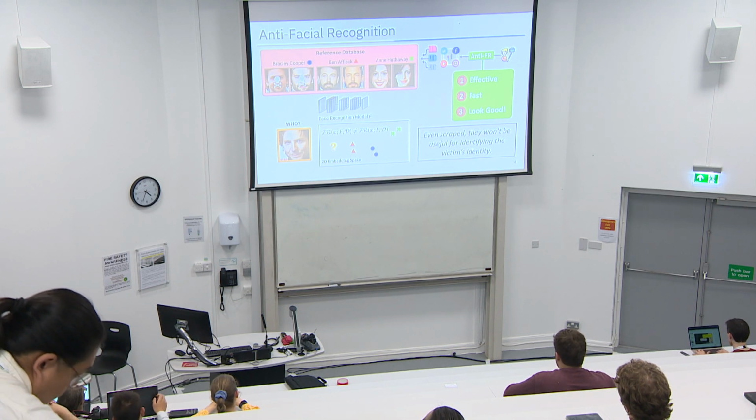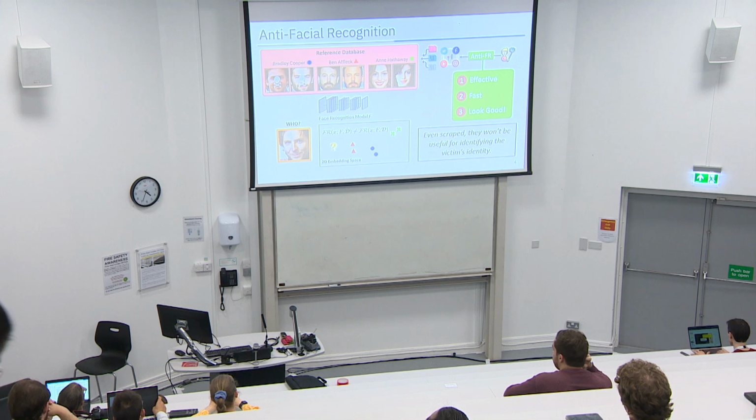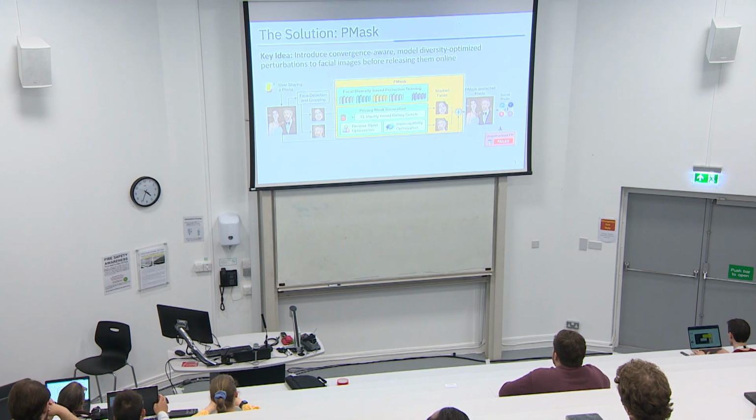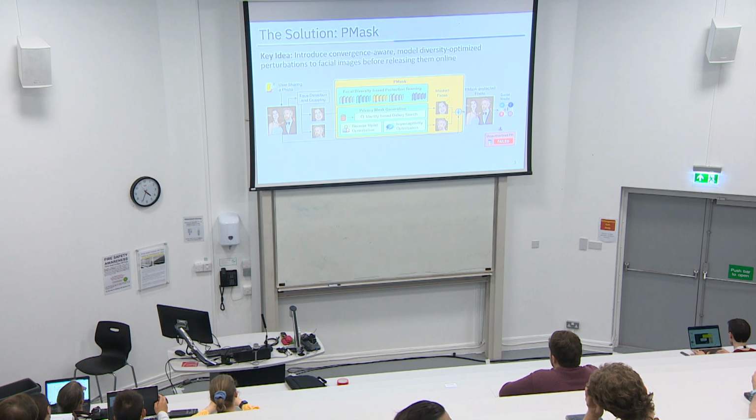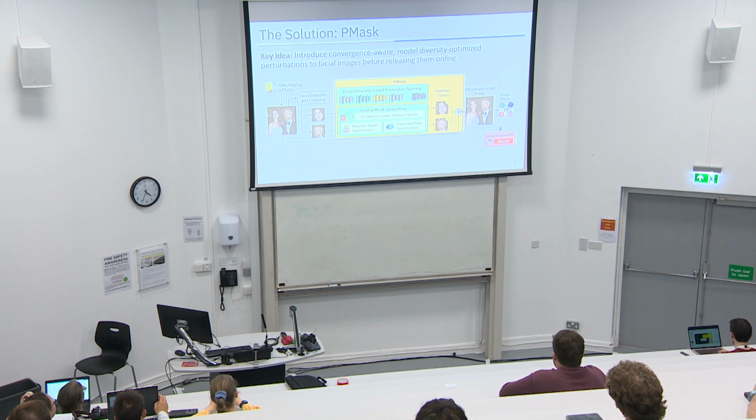With all these requirements in mind, we introduce an anti-FR solution called PMask. The key idea is to design an optimization approach that iteratively learns a privacy mask, introducing small changes to the facial image to be protected such that the extracted embedding will not collocate with the clean facial images of the same person.